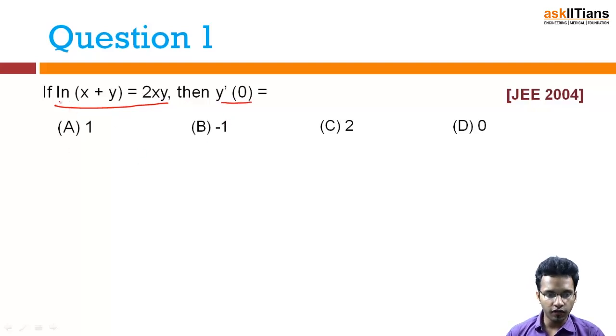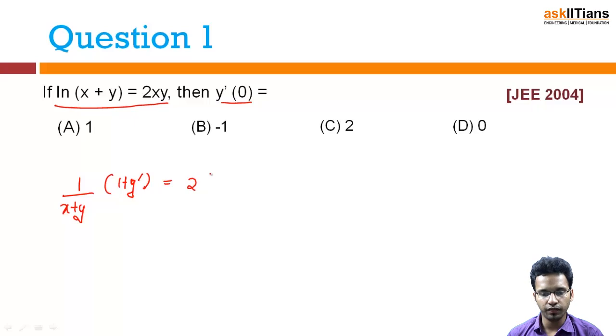Obviously, first we are going to do the differentiation, that is, taking the derivative on both the sides. So this will give me 1 plus y dash, equal to 2x y dash plus y.